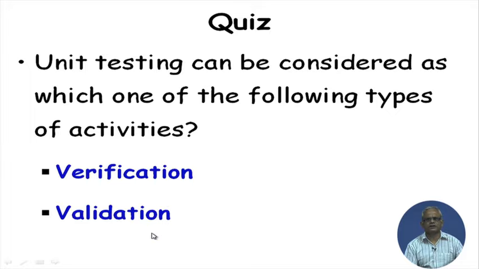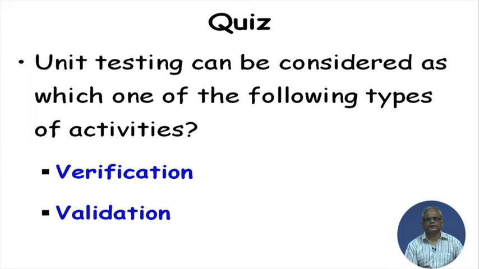It is not a validation activity, because validation means we are testing the working of the entire system with respect to the requirement specification. Whereas, in unit testing, we are testing only one of the functions or units with respect to the design.